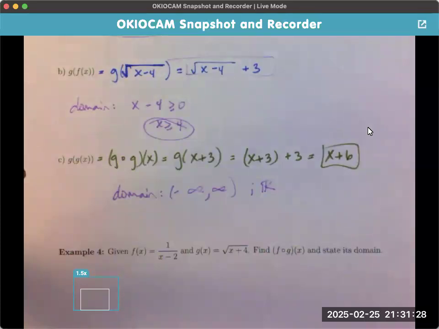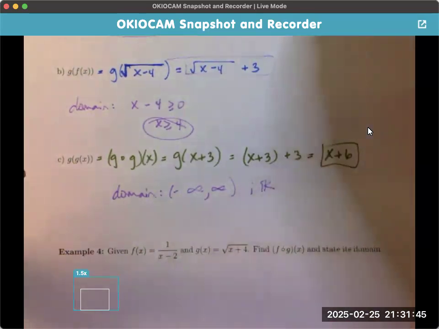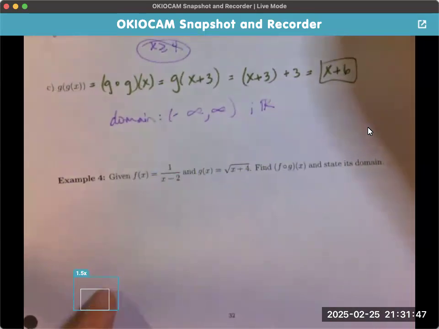Okay, so for f of x equals 1 over x minus 2, and g of x equals the square root of x plus 4, find f composed with g of x and state its domain. Again, I want you to pause the video, really try on your own, and then play when you're ready.